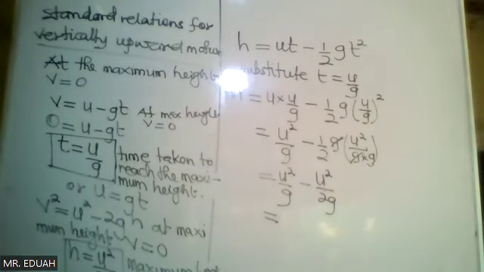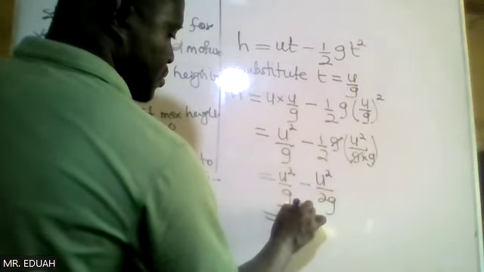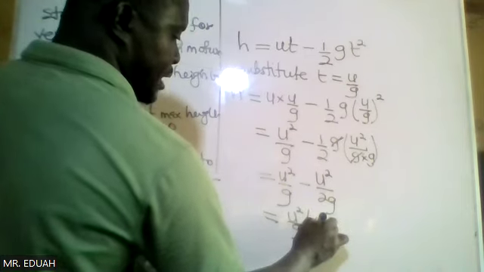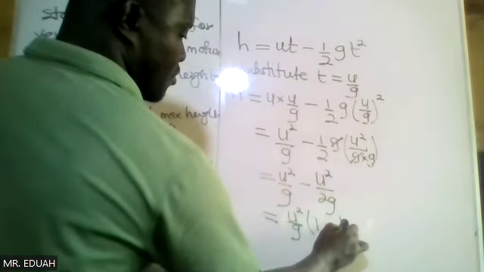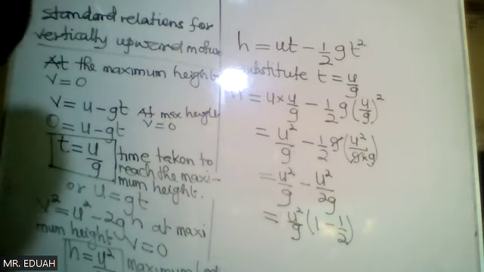We can factorize out u squared over g from each term. So u squared over g into brackets 1 minus 1 over 2. So what is 1 minus half? Half.